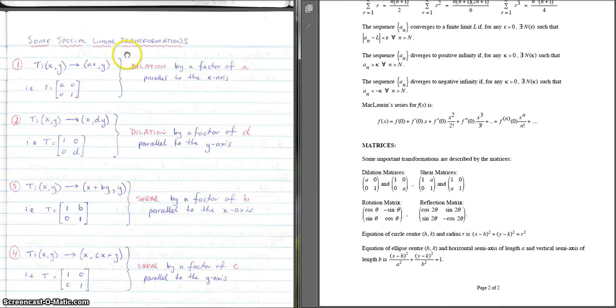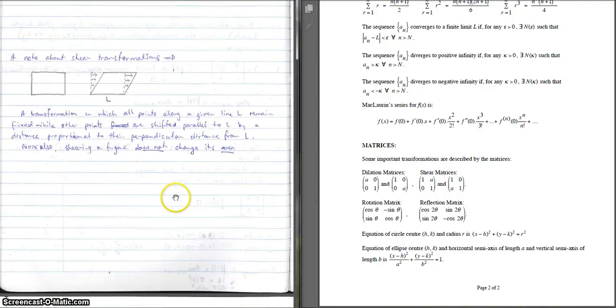If you have a look on your notes, the previous page just gives a little explanation about shear transformations. Visually, this is what's happening. It's turning a rectangle, if it were a rectangle to start with, into a parallelogram.